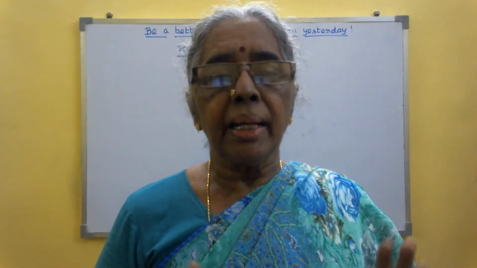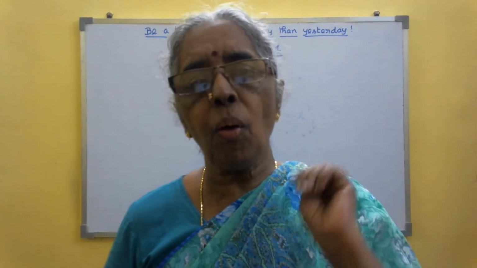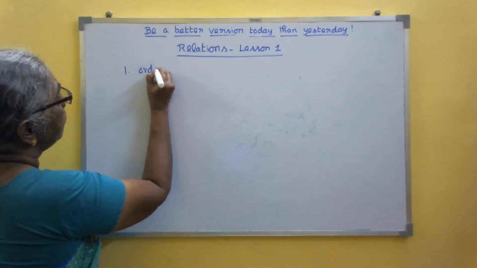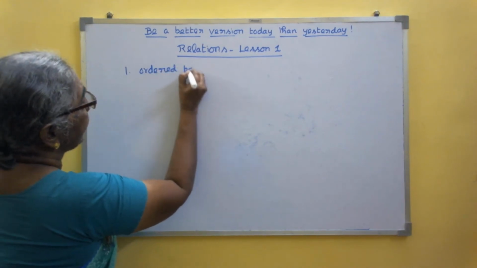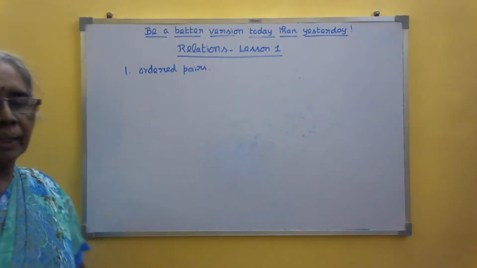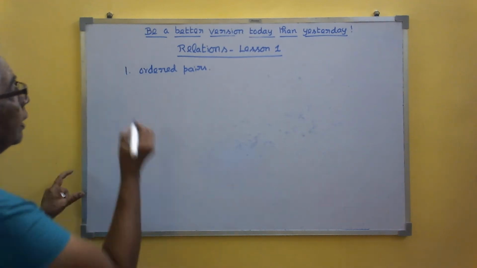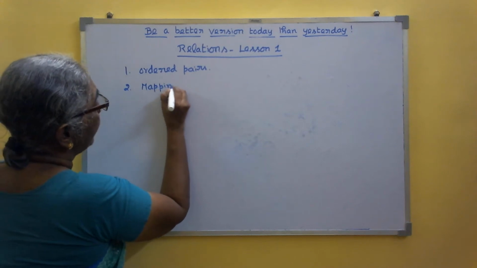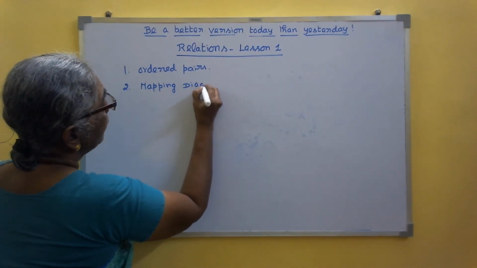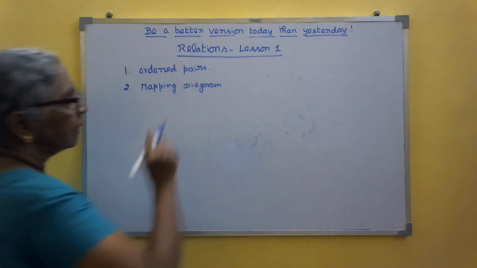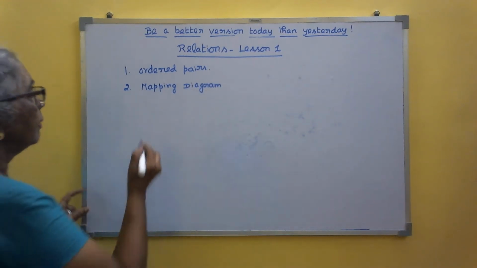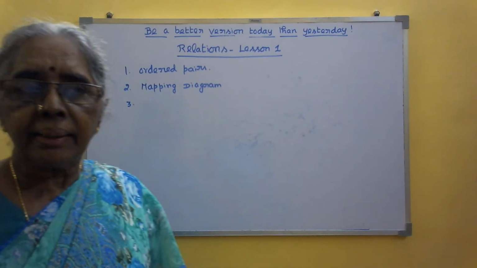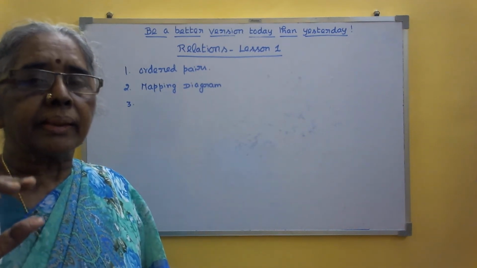Now, a relation can be expressed in four different ways. The first way is you can write them as ordered pairs. The second one is you can have a mapping diagram or arrow diagram. The third way is a table of values.